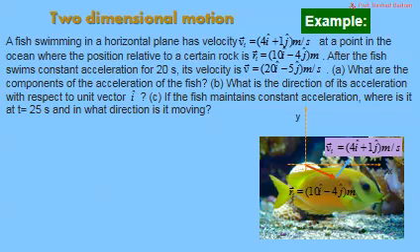Here the fish is located at the initial position r sub i, and this is the velocity vector, 4 i hat plus 1 j hat meters per second.